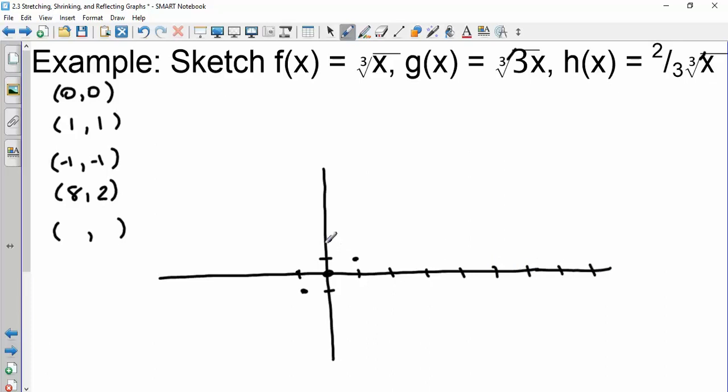So this point is optional. Cube root of -8 is -2. And so then we can see it's just like the x cubed graph flipped on its side.